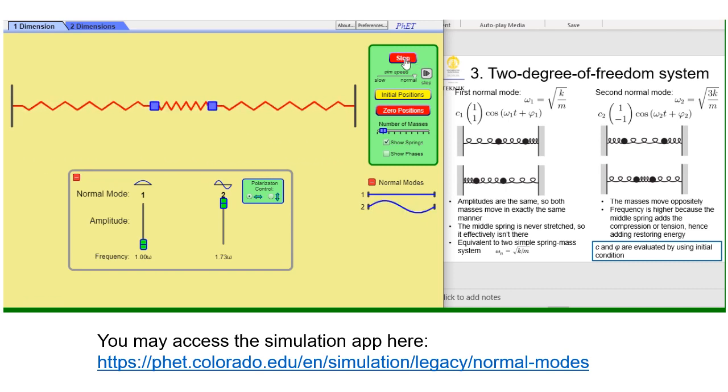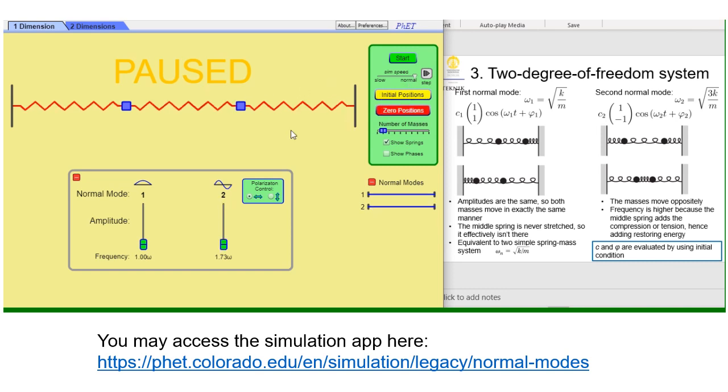So here it is. You can try to observe this app and learn along the way all things related to the concept of normal modes as well as the multi-degree of freedom system. Of course, this is a very interesting app. Let me hit these zero positions back again. You can try to give an initial position, because if you want this system to move with the second normal mode, for instance, you need to give a suitable initial position.